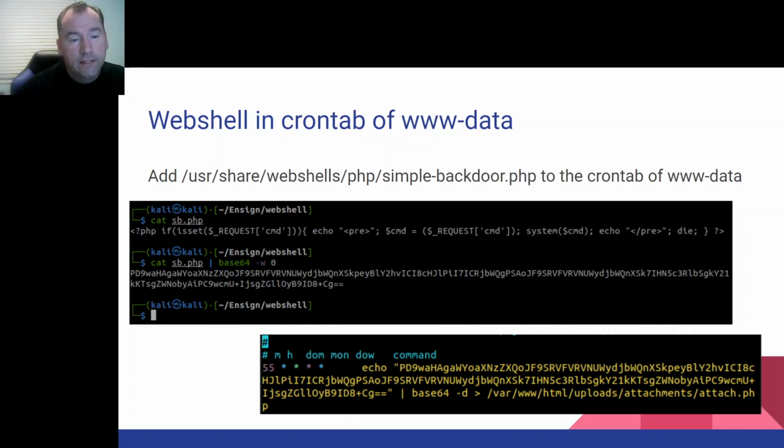And then we're base64 encoding it, placing a scheduled task that will run every 55th minute of an hour, and then decoding that simple backdoor and placing it in the folder of var www html, where the website is located, in the uploads folder under attachments and attach php.